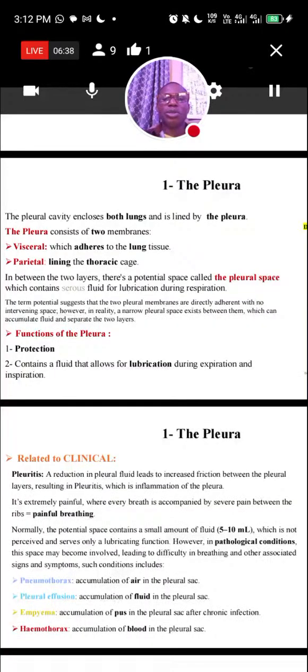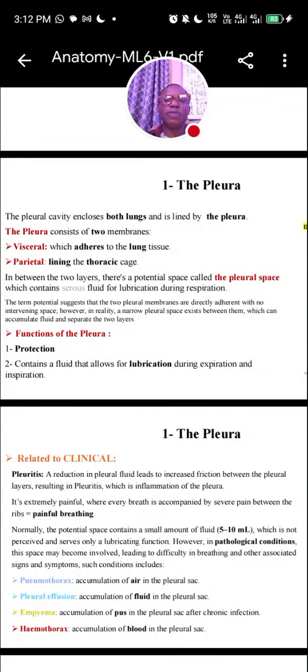Pleura is histological. What do we mean? When we're talking about the examples of histology, we say SEAMLESS: S for skin, E for ependyma of the brain ventricles, L for lungs, A for alveoli, M for mesothelium, E for endothelium, then L for lining of cavities.